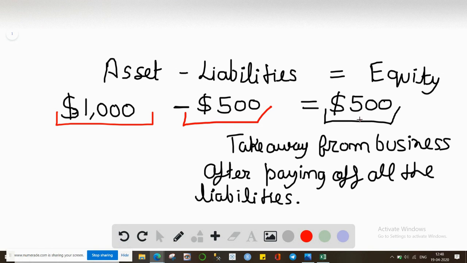That is your personal amount that you can take home, because it is lien free. Lien free means nobody has the right to detach that amount from you, because it is the takeaway from the business after paying off all the liabilities. So we have understood the basic part of the equation.